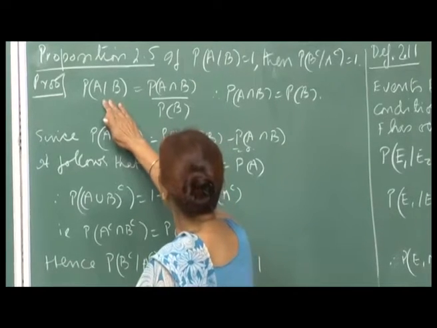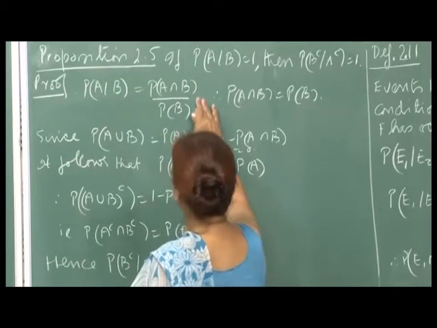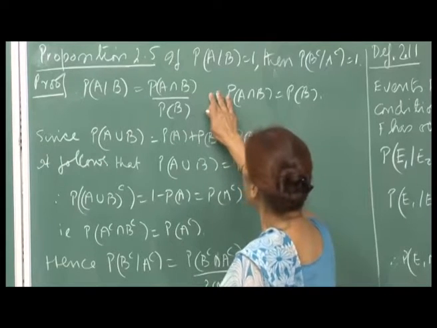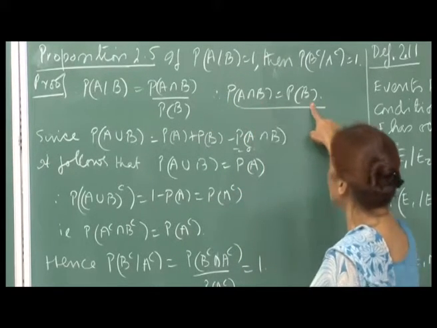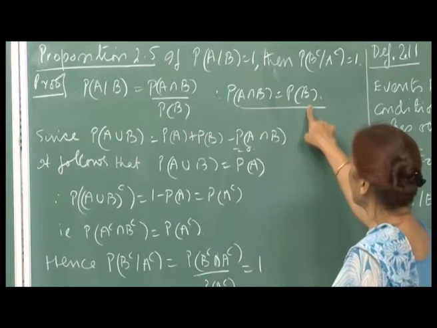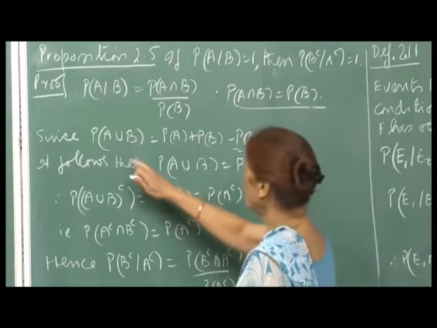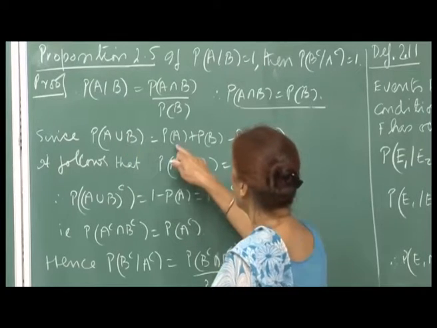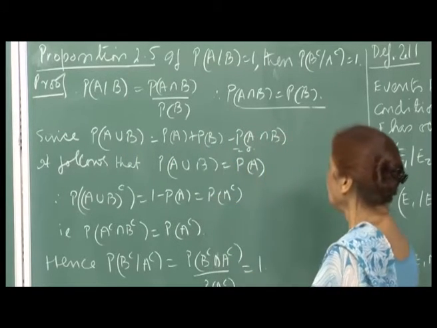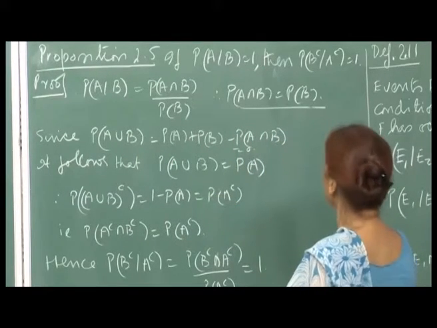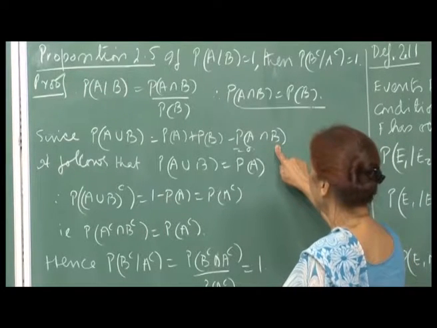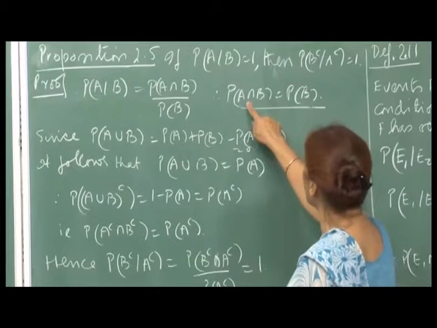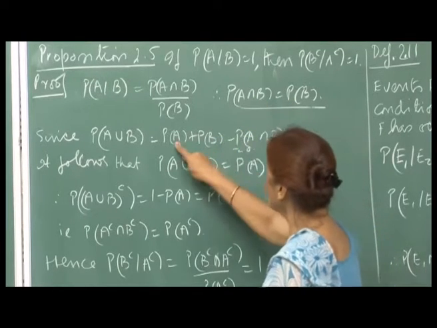So, the conditional probability of A given B is given by this. Now, since this is equal to 1, it follows that the probability of A intersection B is P(B). So, the moment you get this result, you can see that the probability of A union B, which is P(A) plus P(B) minus P(A intersection B), reduces to P(A), because P(A intersection B) minus P(B) is 0.